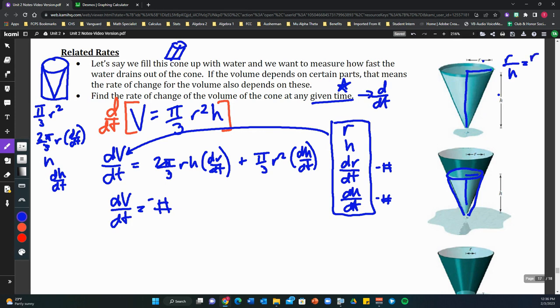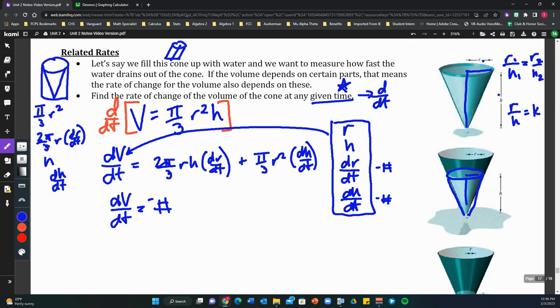That means the ratio of the original R over H, let's call that R1 over H1, has to be equal to R2 over H2. Another way of saying that is that when they are proportional, there is some kind of constant that ratio is equal to. So we can say that R over H is equal to some number.